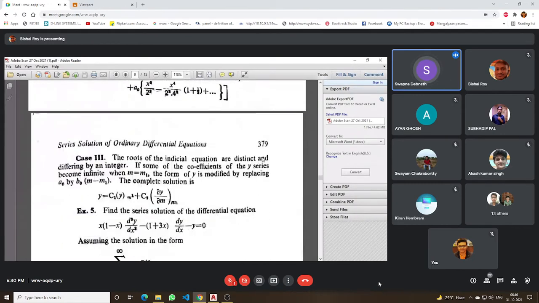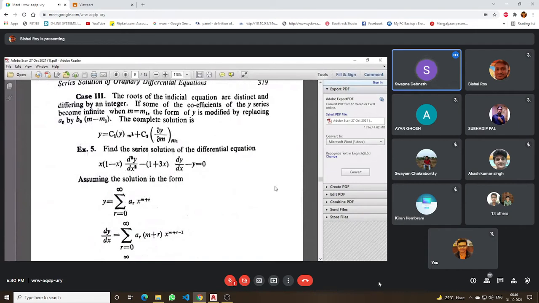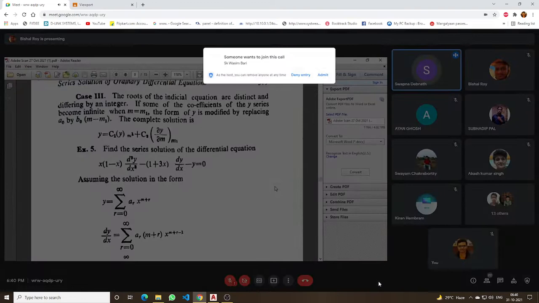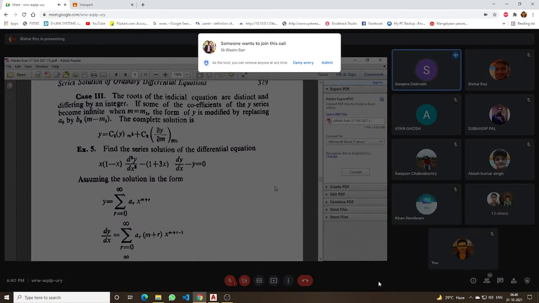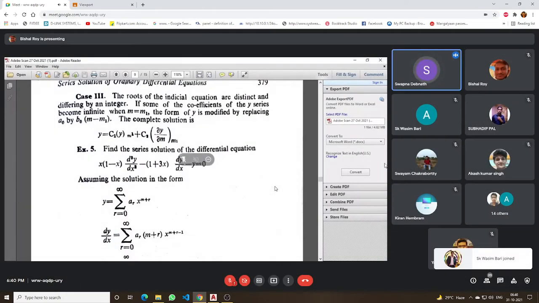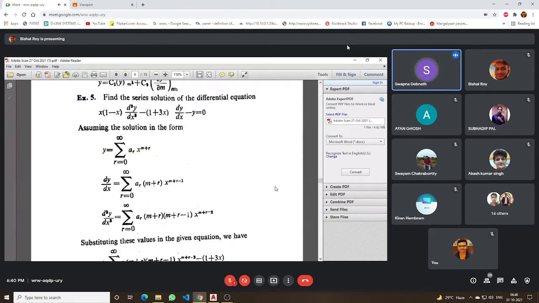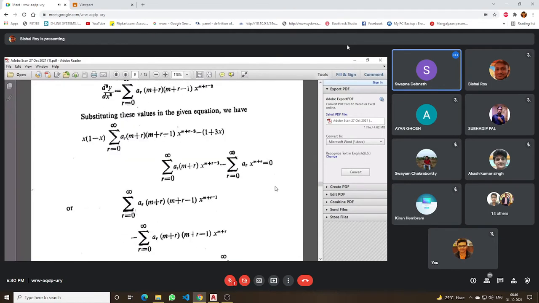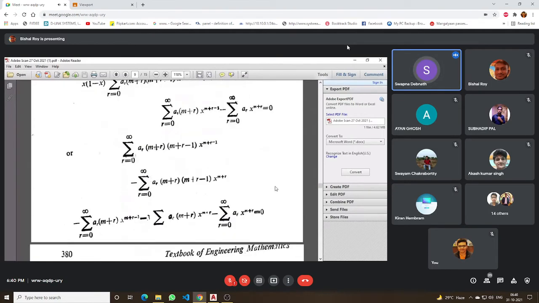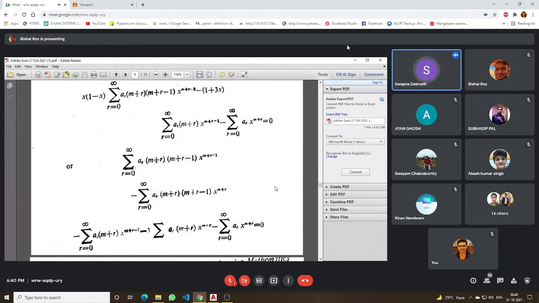Now, case 3 is when the roots are distinct but differing by an integer. Then the complete solution will be y equal to c1 y at m1 and c2 del y del m at m1. Here also the formula is given. See the example. This is the equation. What is the indicial equation? Equating the lowest power gives the indicial equation.